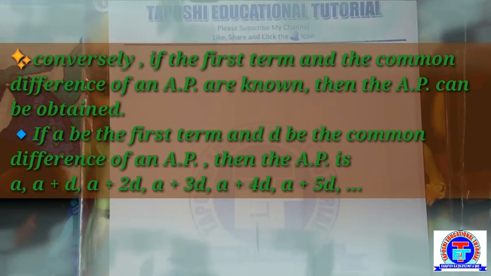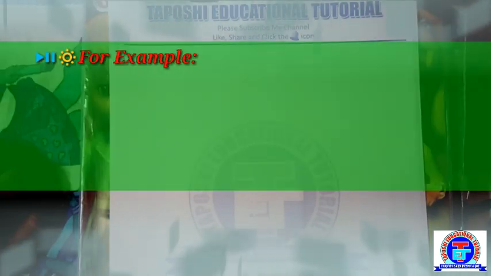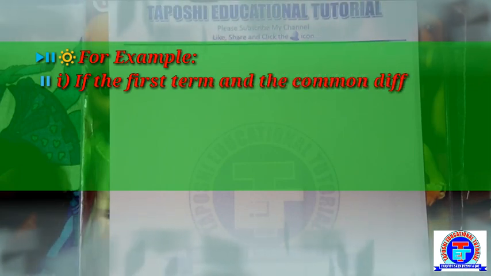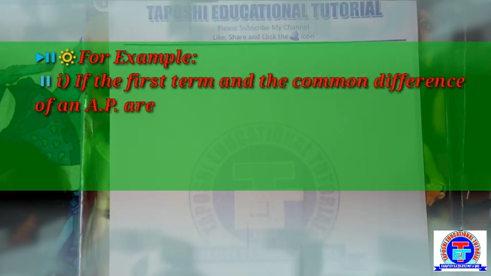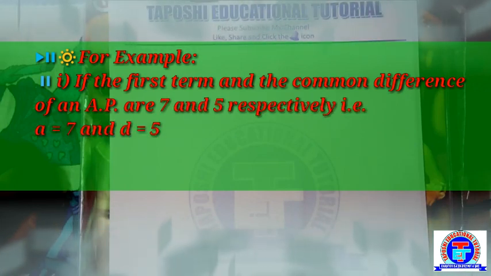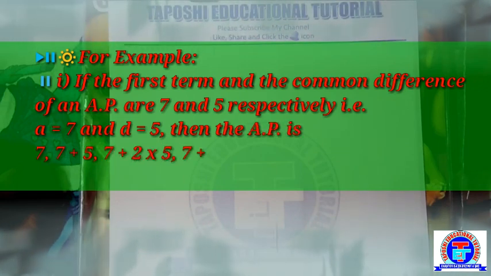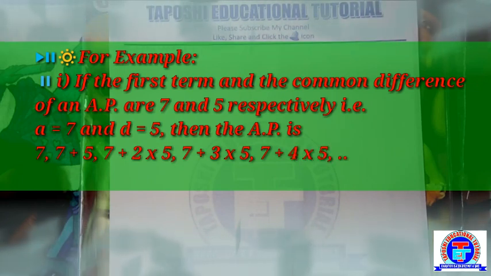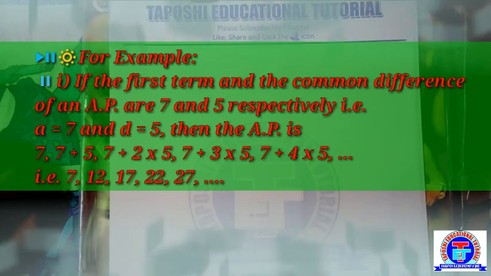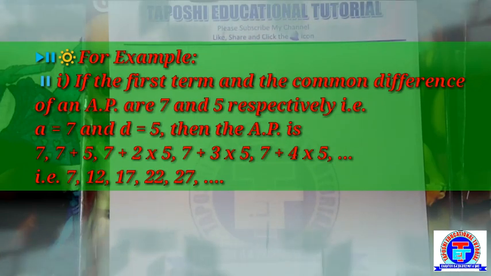For example, number 1, if the first term and the common difference of an AP are 7 and 5 respectively, that is, A is equal to 7 and D is equal to 5, then the AP is 7, 7 plus 5, 7 plus 2 into 5, 7 plus 3 into 5, 7 plus 4 into 5.